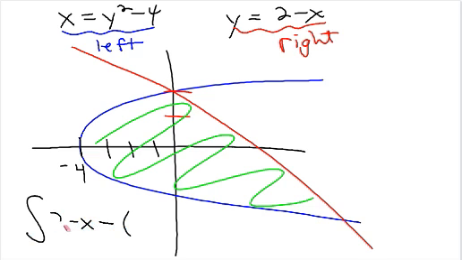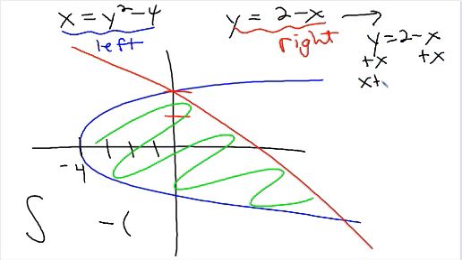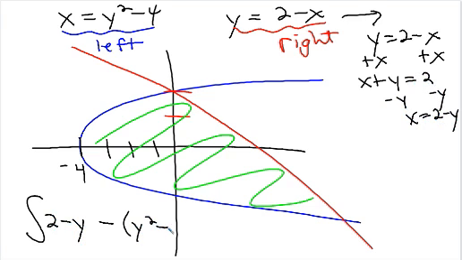Give me a second there. We need to solve that for x. So we need to take this y equals 2 minus x and put it in terms of y. Probably the easiest way is to add x: x plus y equals 2, subtract y, x equals 2 minus y. So the right function is 2 minus y. The left function is y squared minus 4, dy.